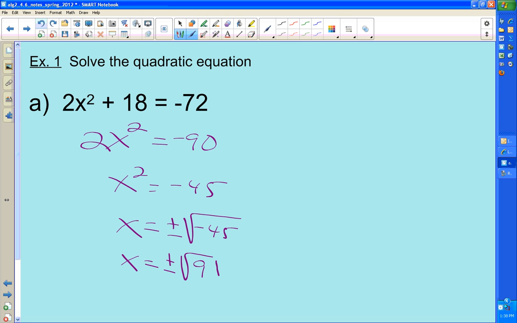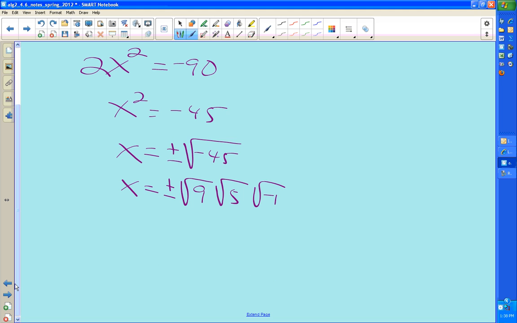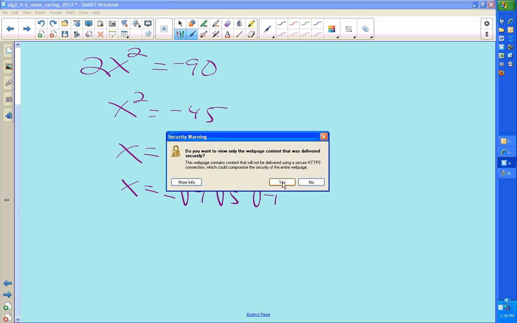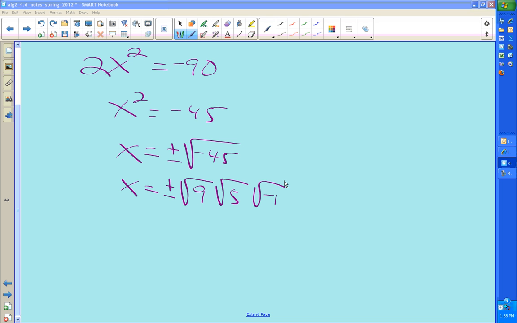Bad guy factor would be 5, and because it's a square root of a negative, we can treat this as the square root of negative 1. And believe me, I am overdoing it right here. There's no need for you to write all this down. I wouldn't expect you to do it, and don't expect me to do it. We would bypass this step altogether.